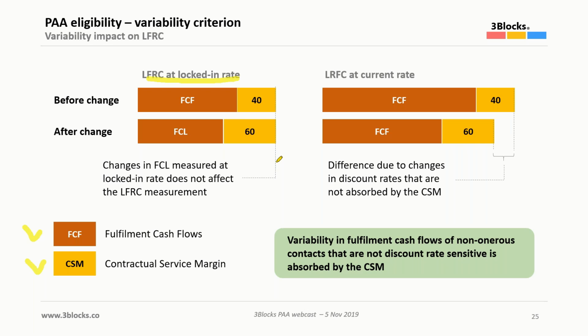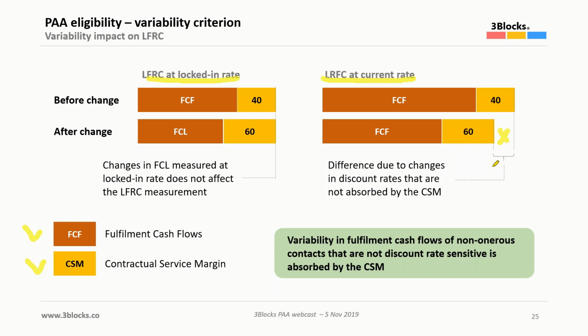It doesn't change at all, so it wouldn't infringe the variability criterion. However, if we look at the very same liability but measured at current rate, there can be some impact on LRFC, and this impact is related to discount rate changes.